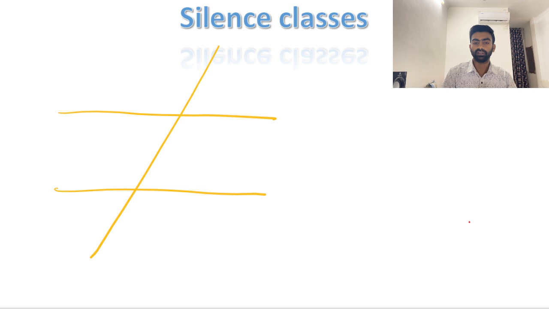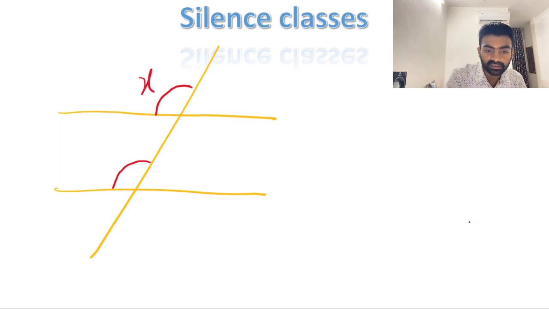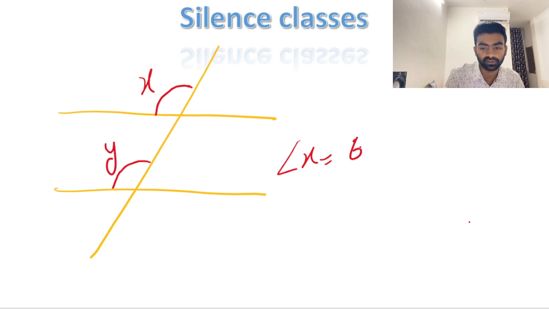Now we have already done co-interior angles. Now if we talk about one exterior and one interior angle on the same side, it is known as, very good, corresponding angles. Corresponding angles are equal, which means angle x and angle y are equal. If the value of angle x is 60 degree, this means angle x is equals to angle y.